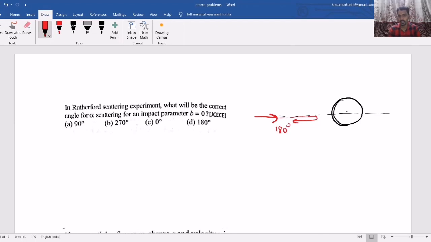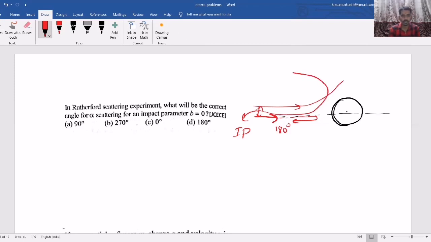Suppose you are sending in a line, we send in random directions such that if it is moving in a particular direction, it is at some perpendicular distance from the central line. This perpendicular distance is called the impact parameter. Because if this is lesser, the deviation will be more, like this.